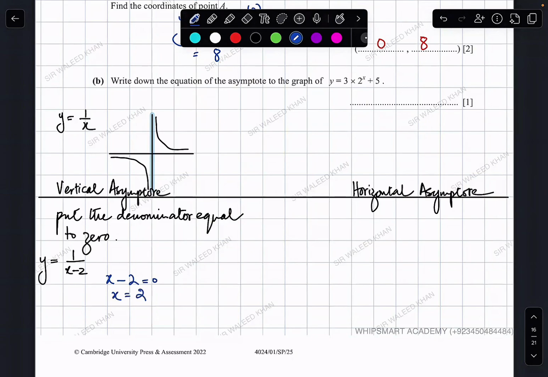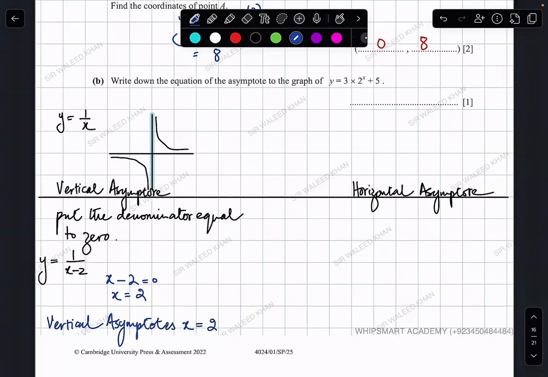This x is equal to 2 is our vertical asymptote, right? That means the vertical line at x is equal to 2 is where the graph is going to avoid. That is the line which the graph will never meet.